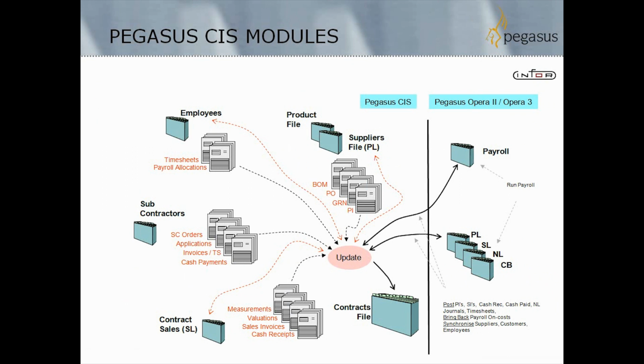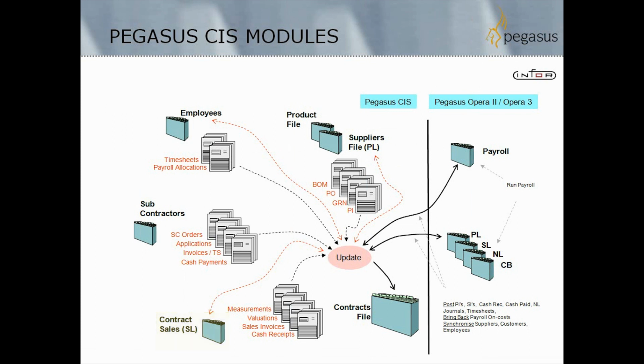Let's recap. Pegasus CIS is a contract costing system where all the costs and all the hours go into the contracts file. So we've got a central place to report on. That information is being filtered through from the range of other modules that feed information into the contracts file. So we have a contract sales ledger that posts the revenue.